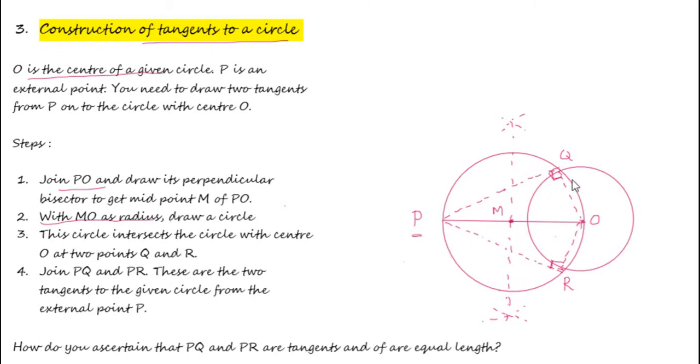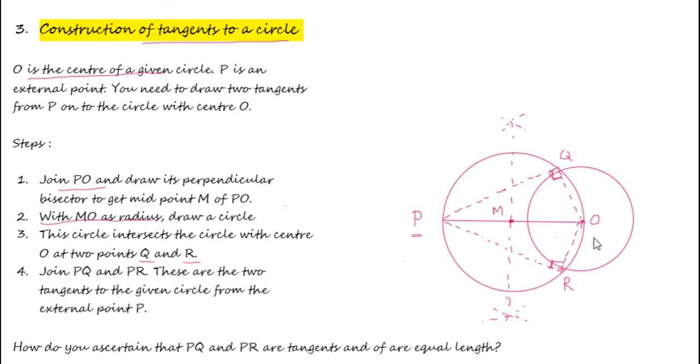This circle touches the given circle at the points Q and R. Now join PQ and join PR. These are the 2 tangents from the external point P to the given circle with center O.